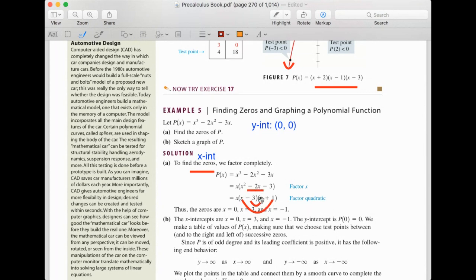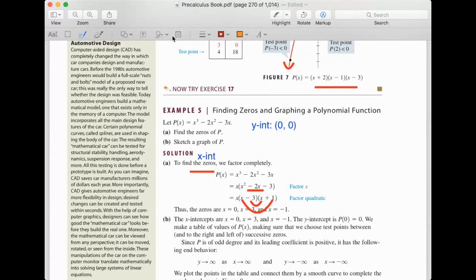So now we're in factored form, so we can solve. We put this equal to 0. If this equals 0, we get 3 solutions: x is 0, x is 3, x is negative 1. Because if x is 0, p of x is 0. If x is 3, p of x is 0. If x is negative 1, we plug in here, p of x is 0.